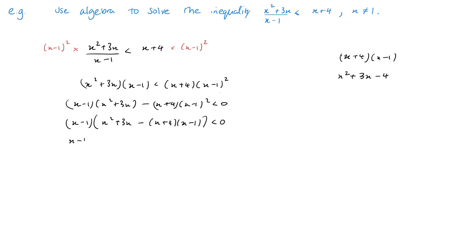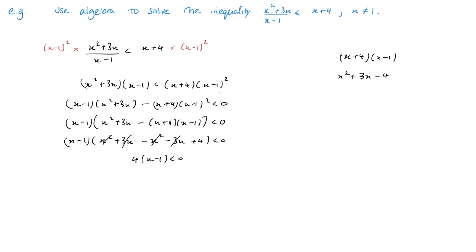So I've got x minus 1 on the outside, and then I've got the x squared plus 3x still on the inside. Then it's minus x squared minus 3x plus 4. So x squareds cancel out and the 3x's cancel. So we're just left with 4 times x minus 1 is less than 0. Okay, so that's what I'm down to.